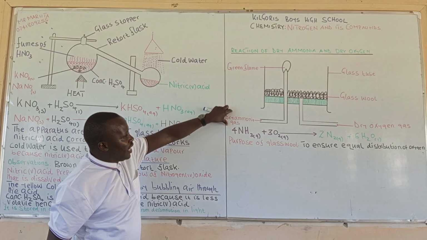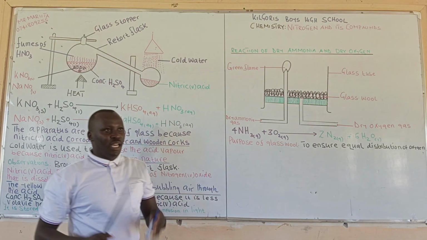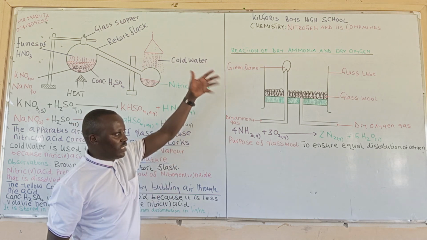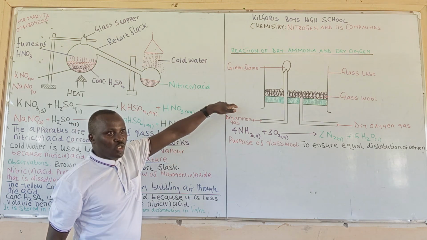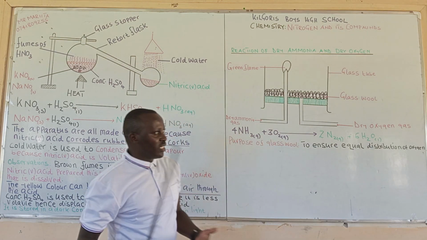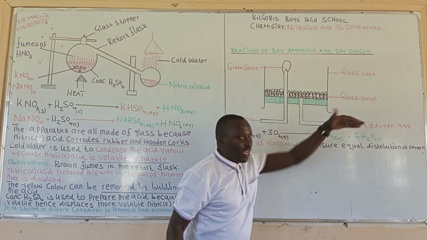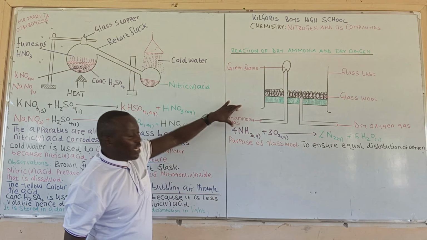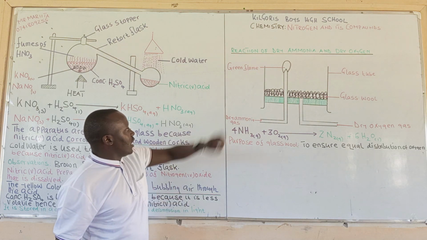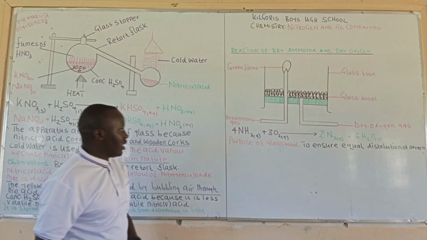From here we have dry ammonia gas, and from the other side you will have dry oxygen gas. Sometimes in an exam you will not be given these gases. You will be given, for example, gas X and gas K, and then you will be asked to name the gases. From this side we have dry oxygen gas, and from this side we have dry ammonia gas. When the two react, they produce a green flame. That is the observation you can make.